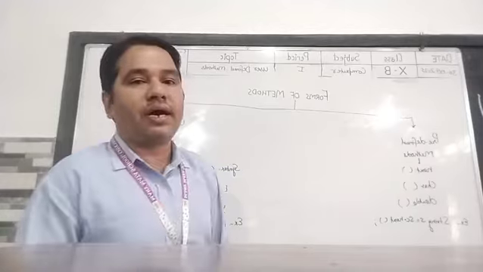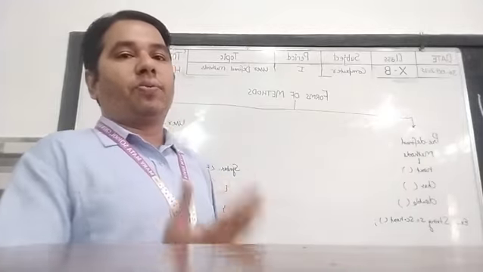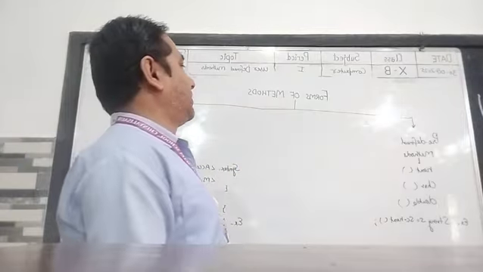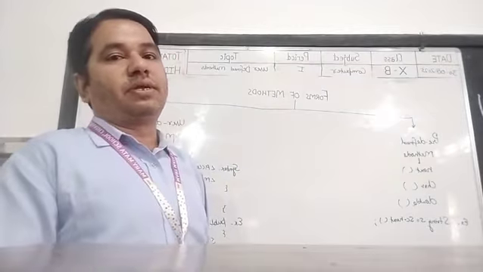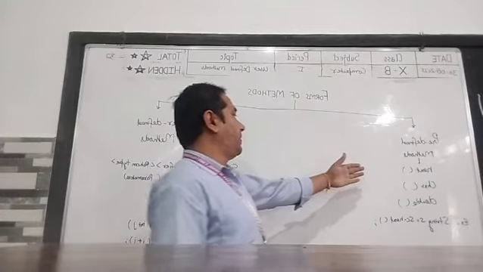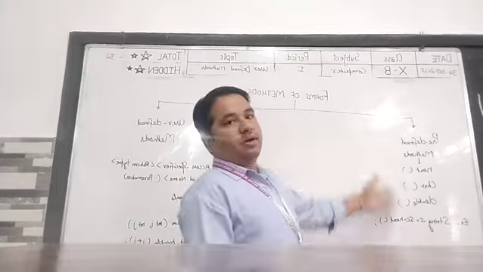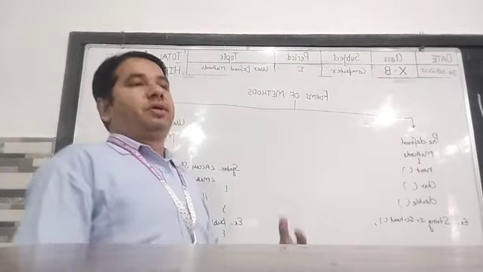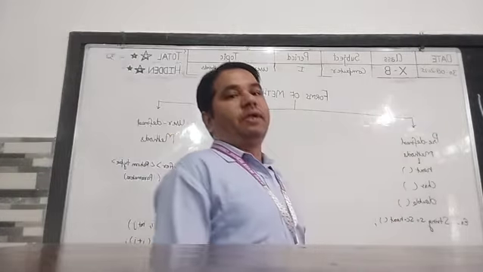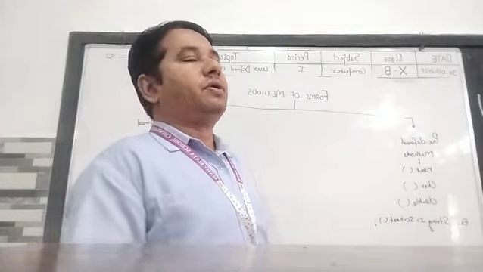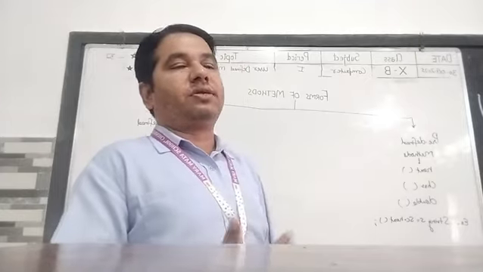Those methods that are defined automatically by the Java compiler are known as predefined methods. Here are some examples: next, char, double, float, and these methods are predefined. We are not defining them; they are already defined by the Java compiler.